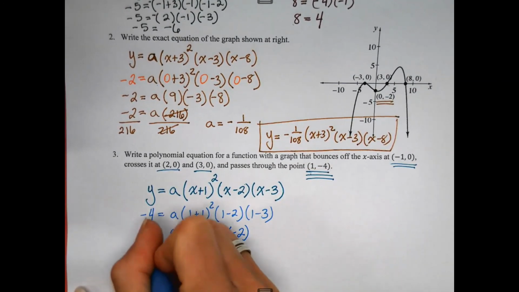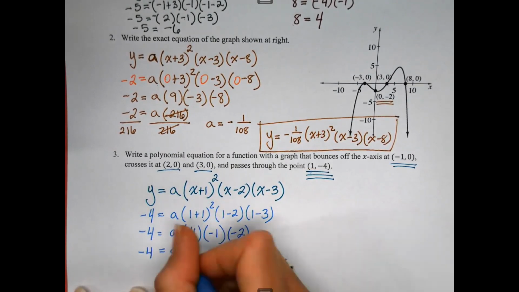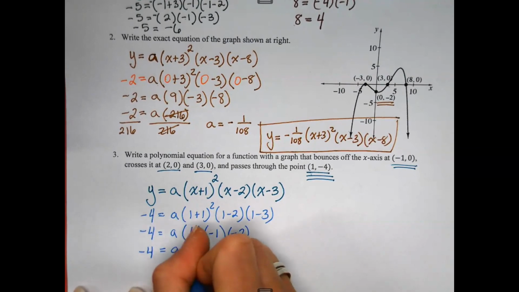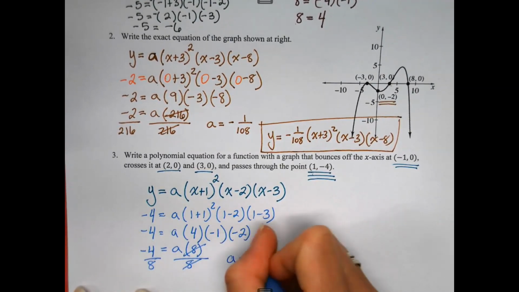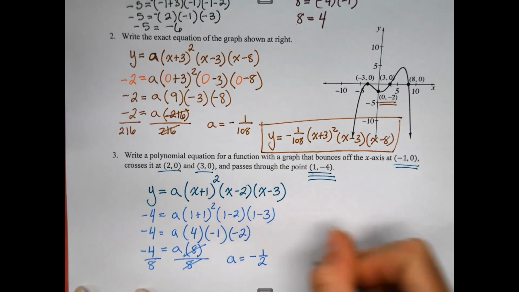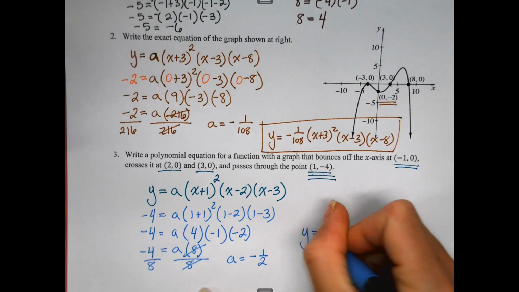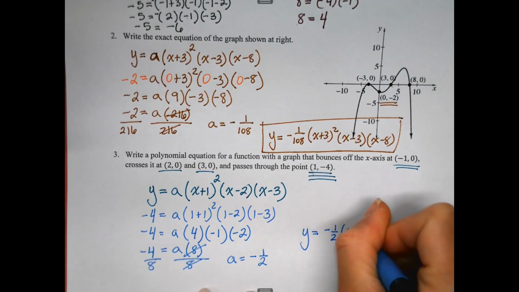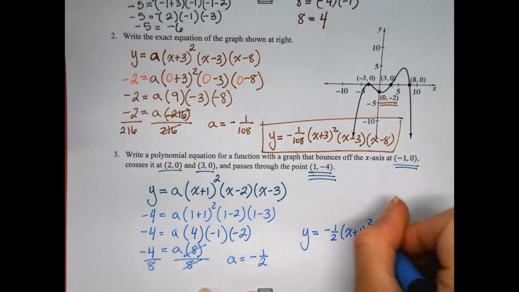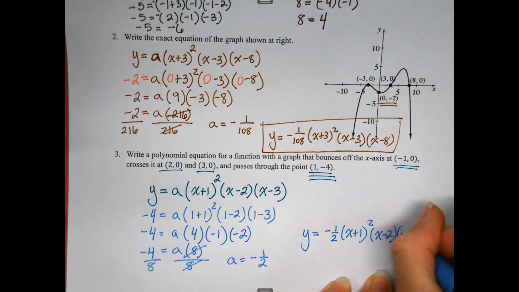That gives me -4 is equal to a times 8. And I divide by 8. Therefore, our a is -1/2. My final equation will therefore be y is equal to -1/2 times x plus 1 squared times x minus 2 times x minus 3.